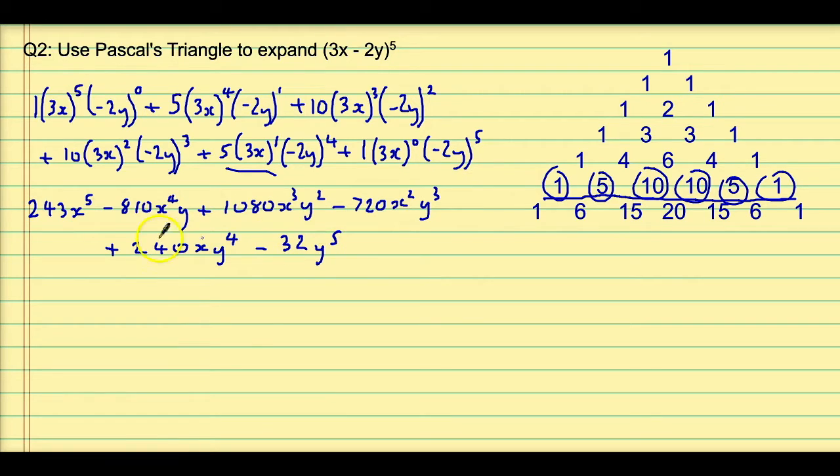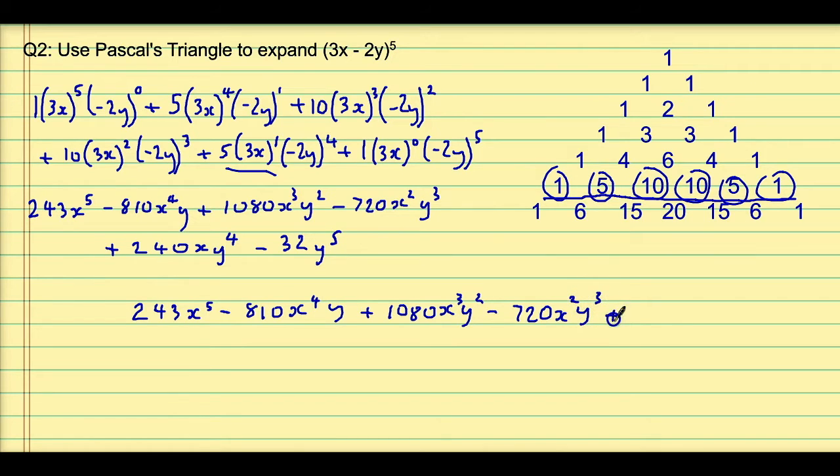So just to finish this off, writing it out in full, we've got 243x to the power of 5 minus 810x to the 4 y plus 1080x cubed y squared minus 720x squared y cubed plus 240x y to the 4 minus 32y to the 5.